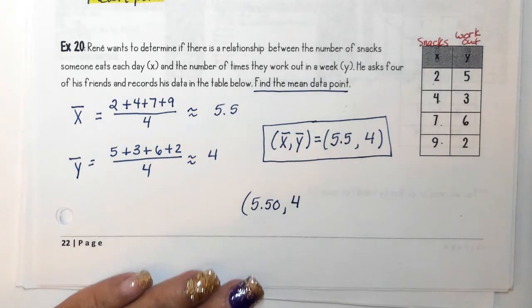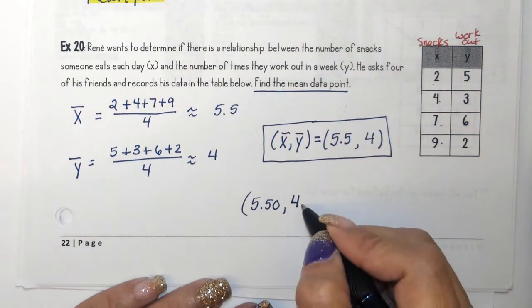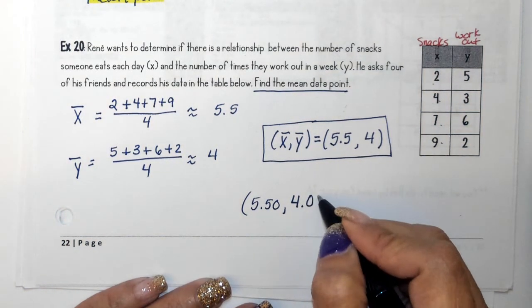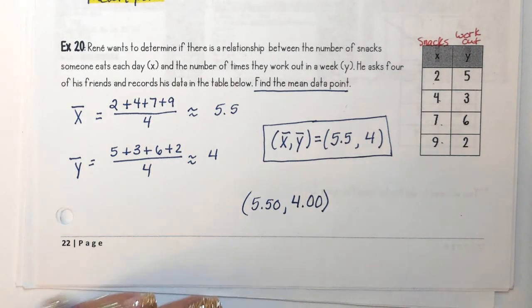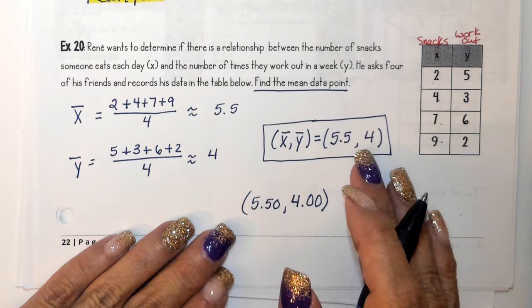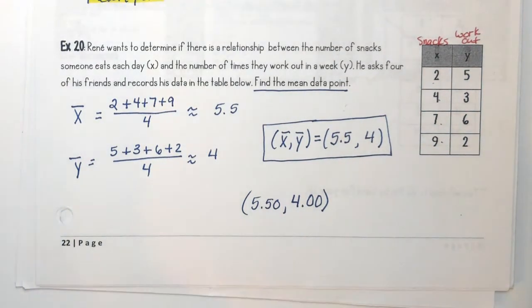Because we just got 4, you could do 4 and call it quits there, and you would be fine. You could do 4.0, or oddly enough, you could do 4.00. Either of those would work, but because 4 is an integer, you could just stop at 4 right there and leave it there. All right, so finding a mean data point is super easy.